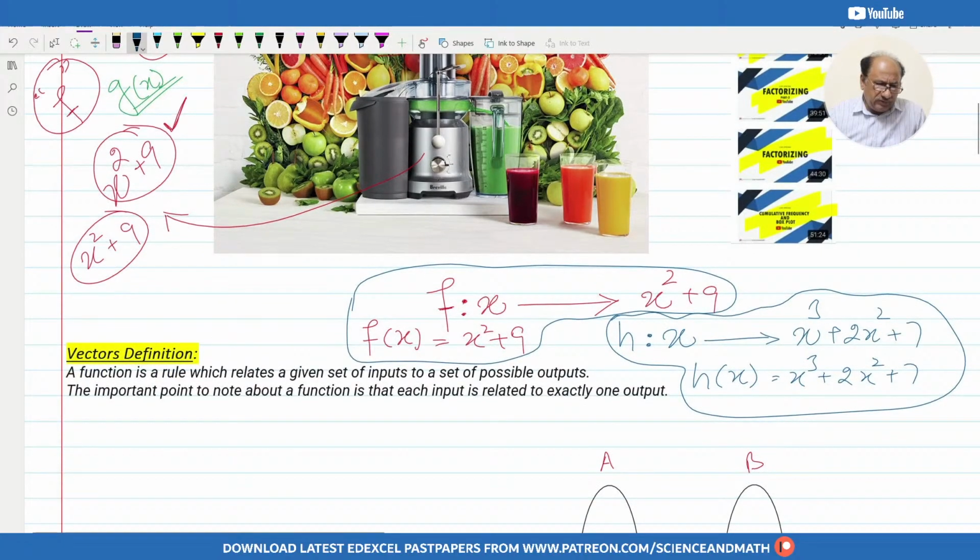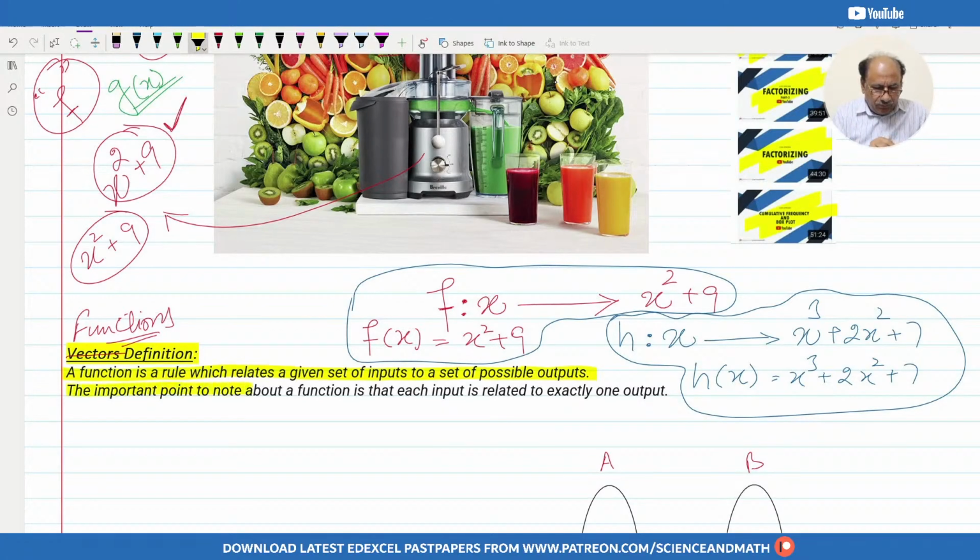I will just go through a definition of functions quickly. Basically it's not vectors, it's functions. So the definition of functions is what? A function is a rule which relates a given set of inputs to a set of possible outputs.